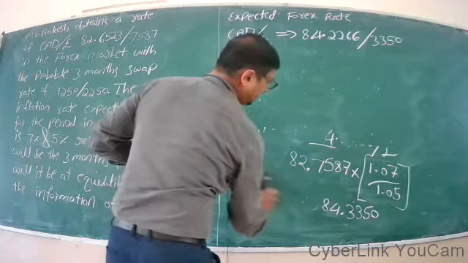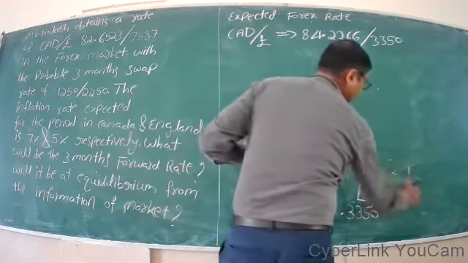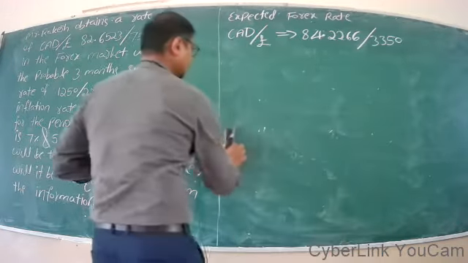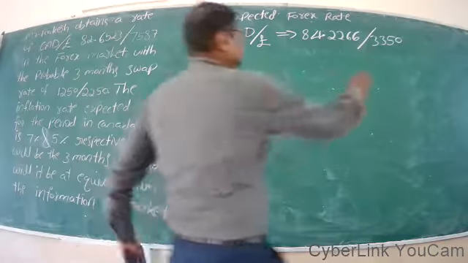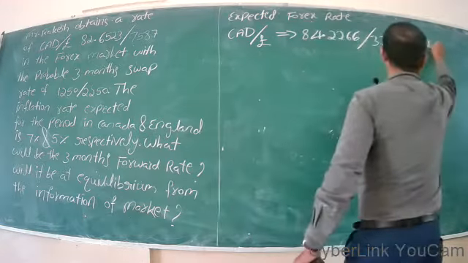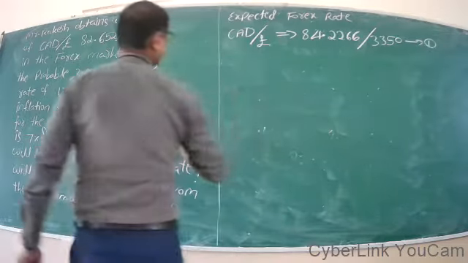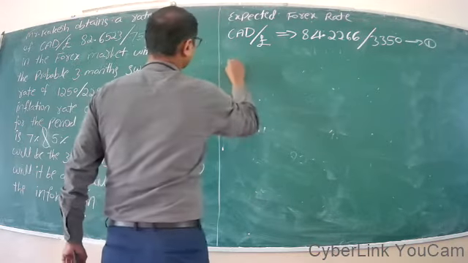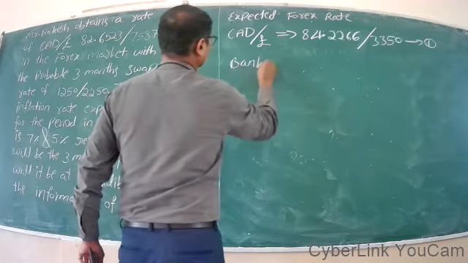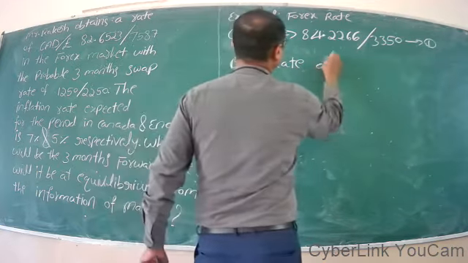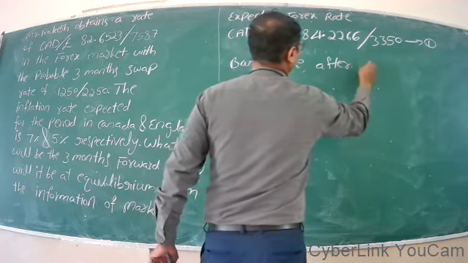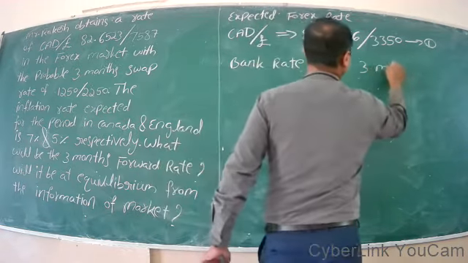Now there is a bank offering a certain amount of swap points. So with the help of the swap points, this is the first part of the question, and the second part, the bank rate after 3 months.